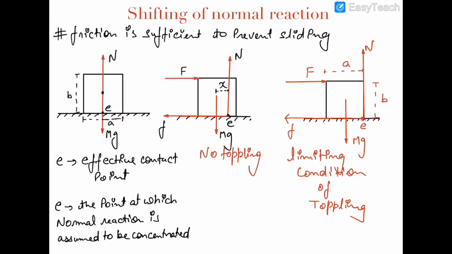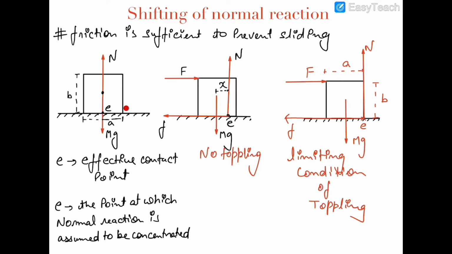We all know that normal reaction is a contact force, as is friction. So normal reaction depends on the point of contact, and you can imagine that the complete mass of the system is concentrated at the center of mass, and the normal reaction on the complete base is equally distributed all over the base.